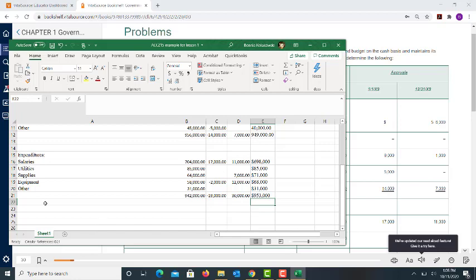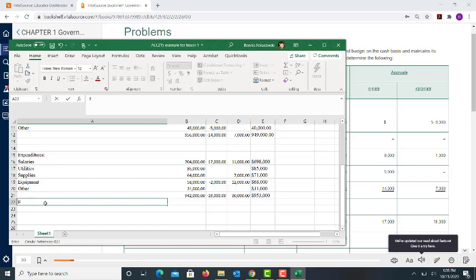The next part of this problem, we're going to have to calculate the excess of revenues over or under expenditures.